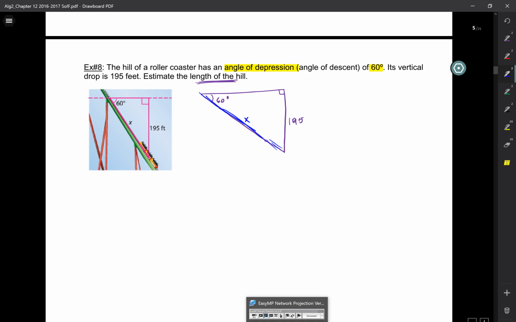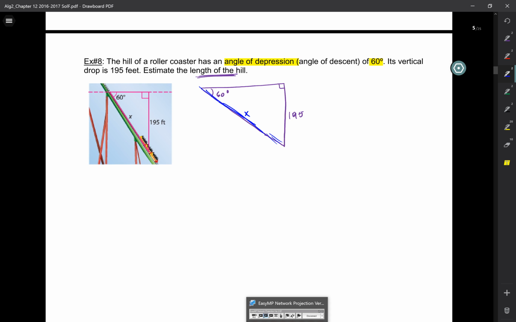Okay, hang on. Let's go step by step on this. So what I do is this. Here's my angle, 60 degrees. You have to label the sides as opposite, adjacent, or hypotenuse. So here I have a hypotenuse and I have an opposite. So that's sine, cosine, or tangent? Sine.